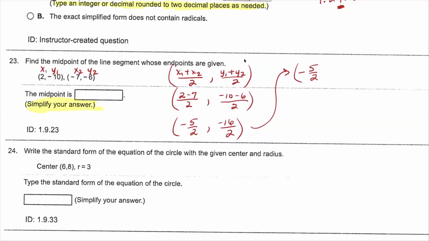You always want to leave it as a fraction, even if it's an improper fraction, meaning even if the numerator is bigger than the denominator or equal to the denominator. And then -16 over 2 is -8. So that's the midpoint: -5/2, comma, -8, ordered pair.